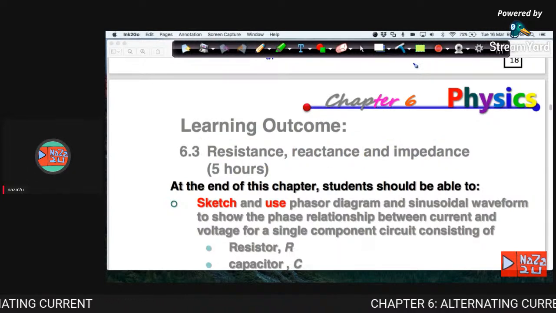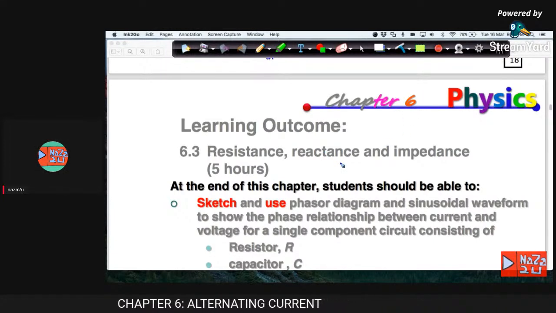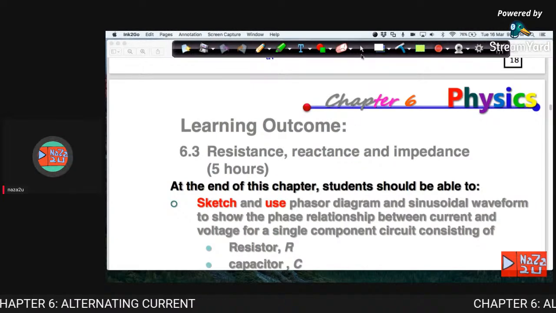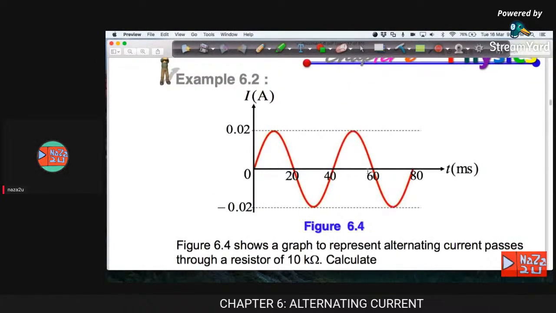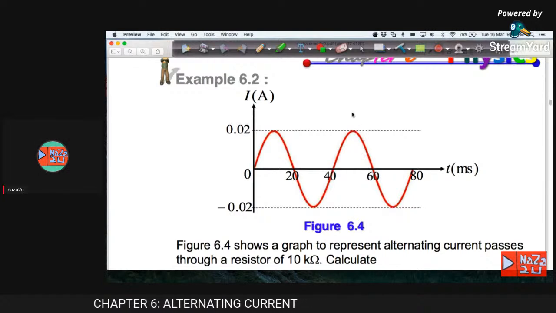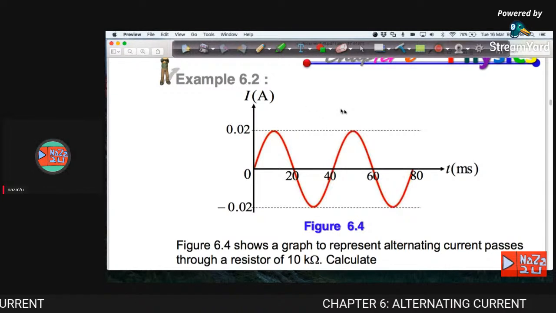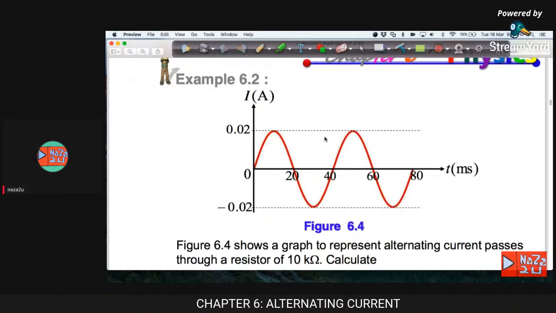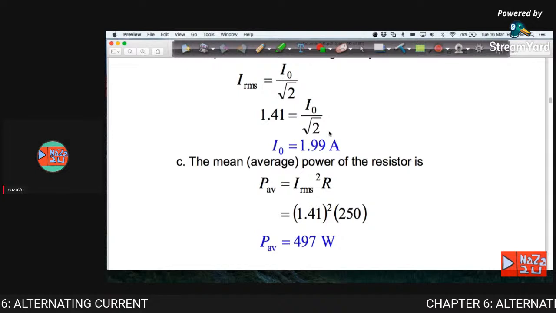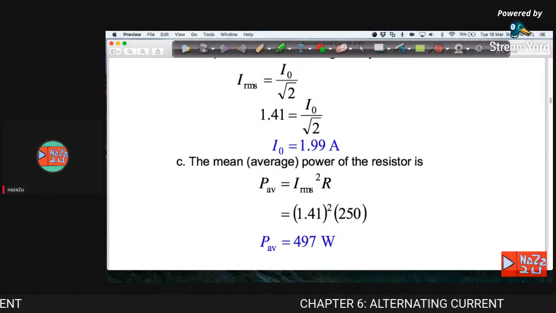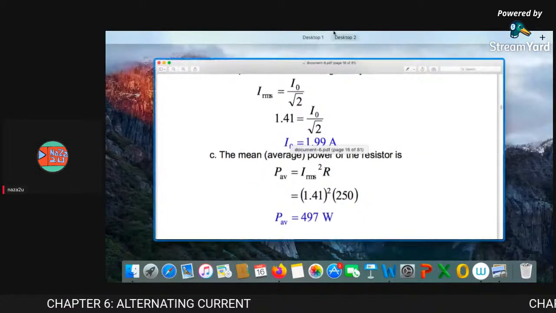Lepas itu bagaimana nak analyze alternating current, kerana alternating current itu melibatkan sinusoidal graph. Persamaan dia, frekuensi dia, period T dia, angular frequency dia, how to plot graph, how to produce equation, itu kita dah tengok tadi. Jadi untuk chapter 6 sebagai pengenalan, saya rasa untuk malam ni itu saja. Dalam sesi face to face kita akan bincang next yang saya dah tunjuk tadi.